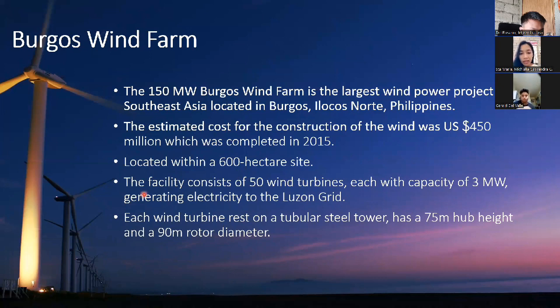The facility consists of 50 wind turbines, each with a capacity of 3 MW, generating electricity to the Luzon grid. Each wind turbine rests on a tubular steel tower with a 75-meter height and a 90-meter rotor diameter.